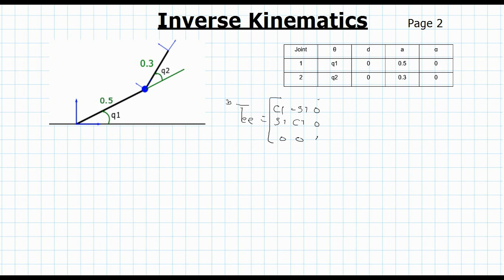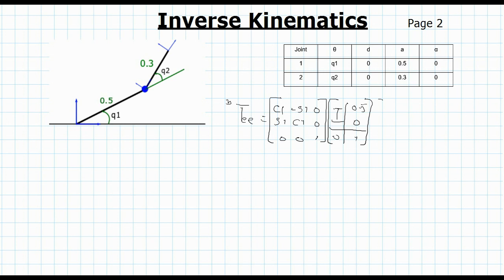So this is our first matrix. Then we have an identity part for rotation, and the translation along x is 0.5, along y is 0, and it's like this. The first row is complete now.